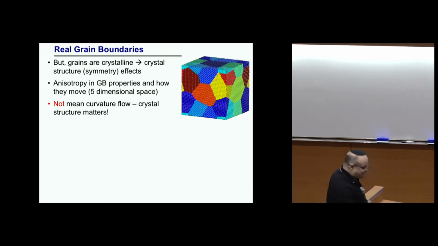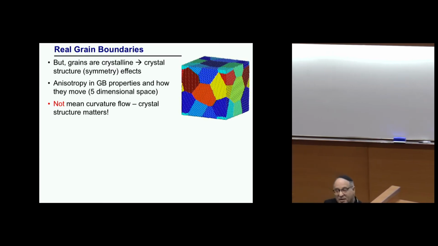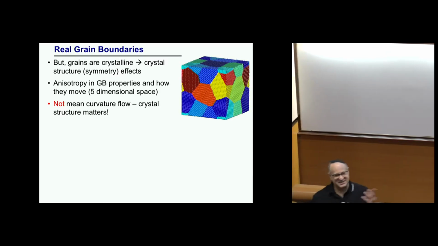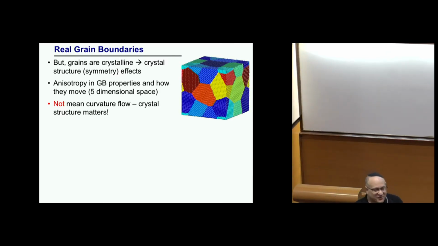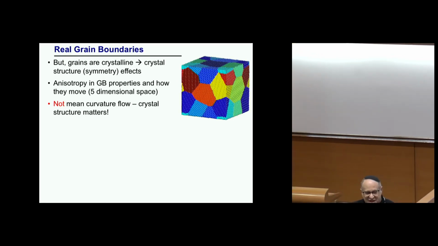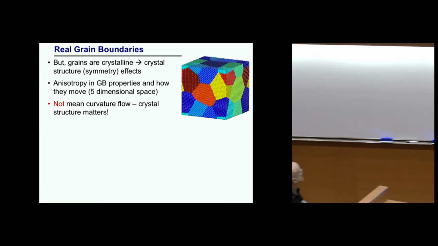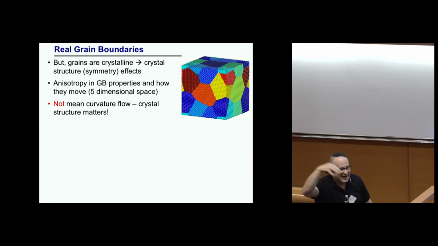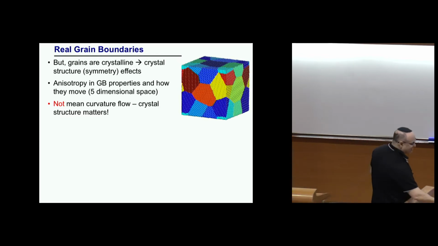And so you would expect that then the properties of grain boundaries are in a 5-dimensional space. And the point is, you can't possibly get mean curvature flow, which knows nothing about these degrees of freedom, the crystal structure, the crystal symmetries. And so what I'm going to try to do is be sensitive to that, and then we'll go back to those macroscopic equations.